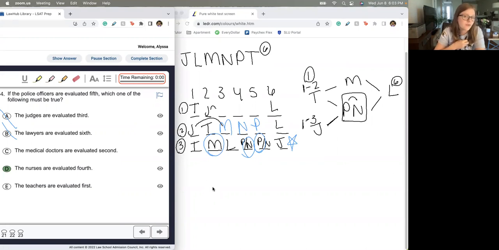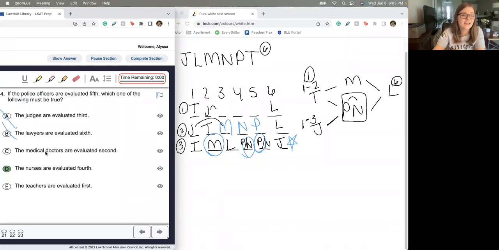If you have missed something, it means that you either have more than one answer choice that you like or you hate all of them. That's a clear indicator that you've missed something. I think that's really the only time you're going to have that clear indicator.